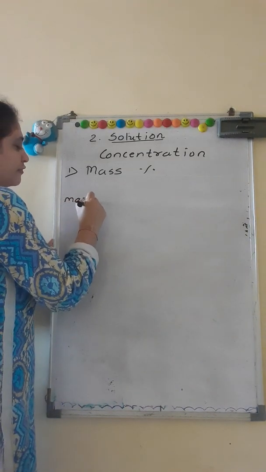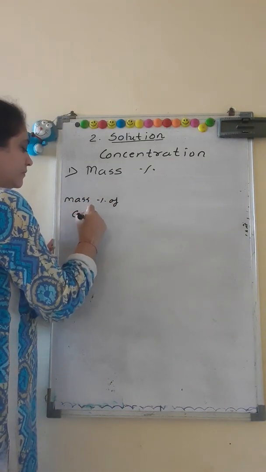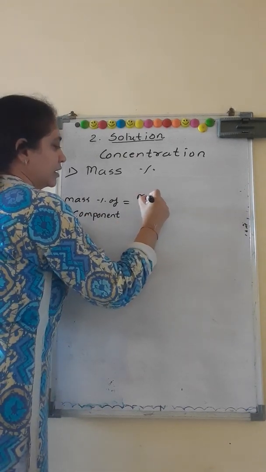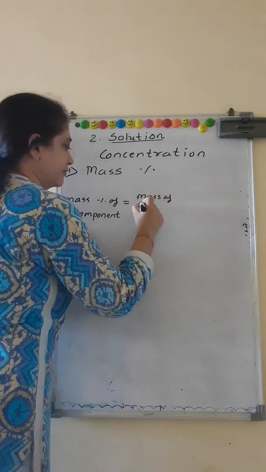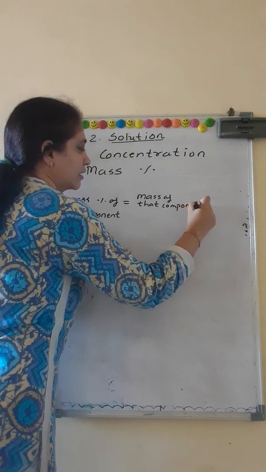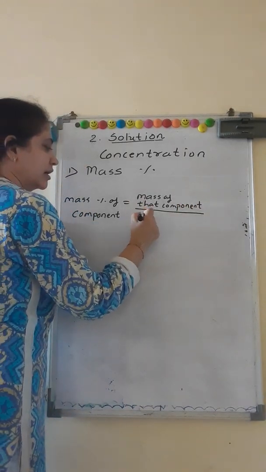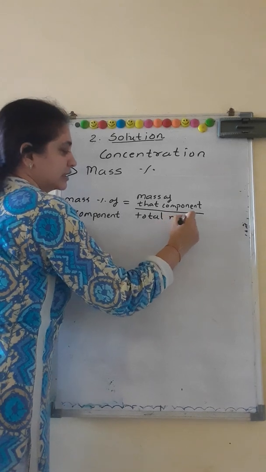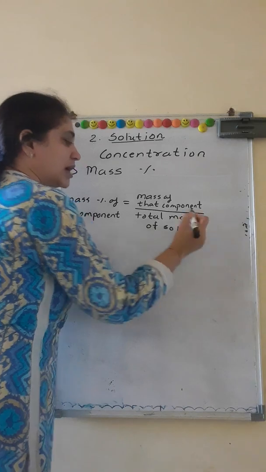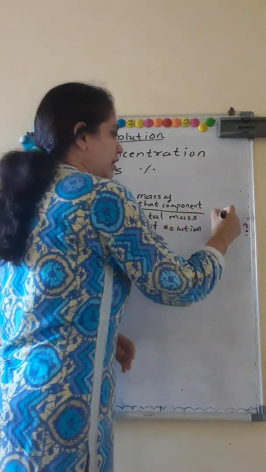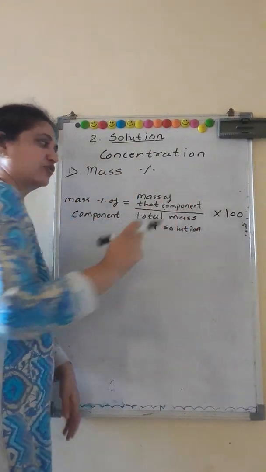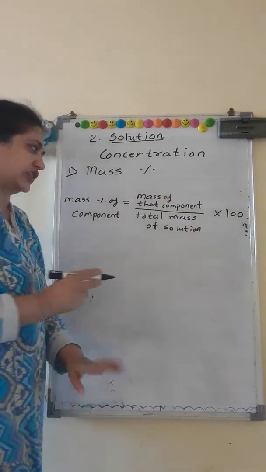Mass percent of a component is equal to mass of that component divided by total mass of solution, meaning total mass of all components of the solution, multiplied by 100. As it is expressed in percentage, the ratio has to be multiplied with 100.